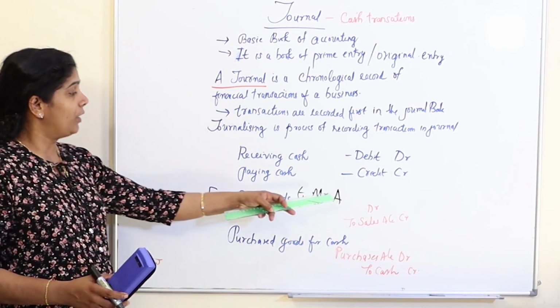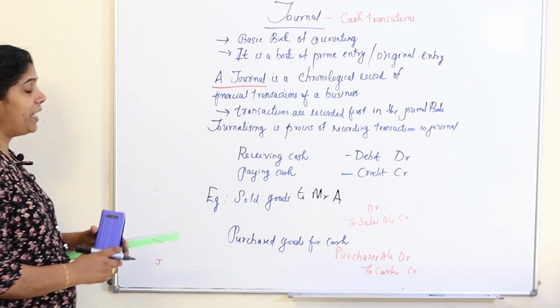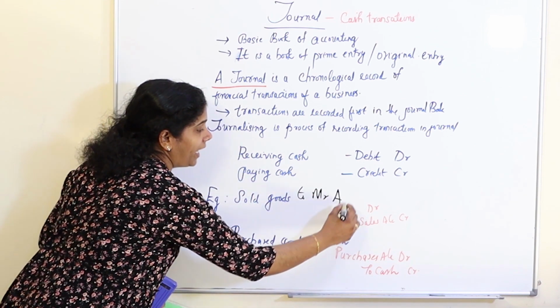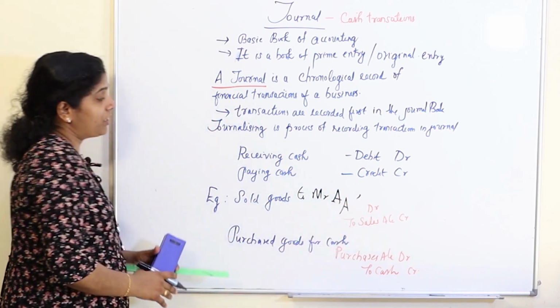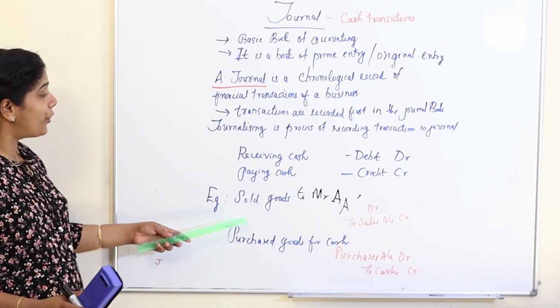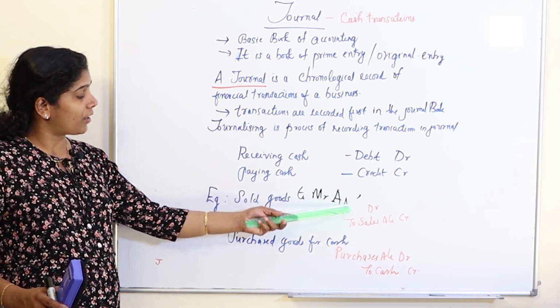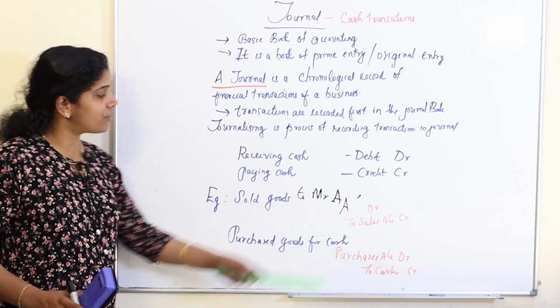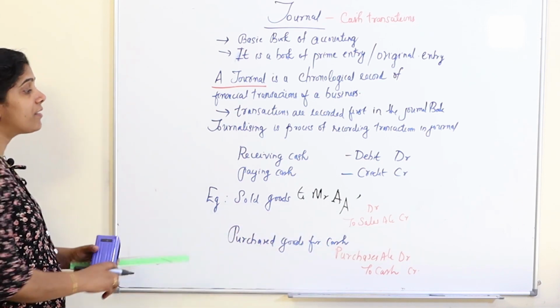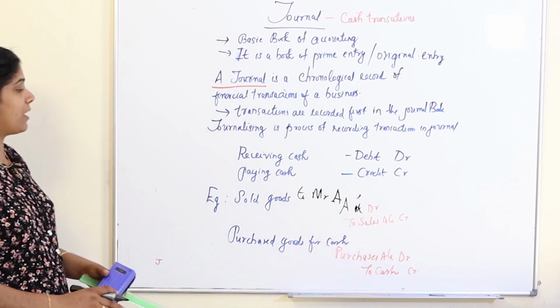We sold to Mr. A, but we did not receive the money. So we have to write A account debtor, because this amount is receivable from Mr. A. So A's account debit to sales account. So this is a credit transaction.